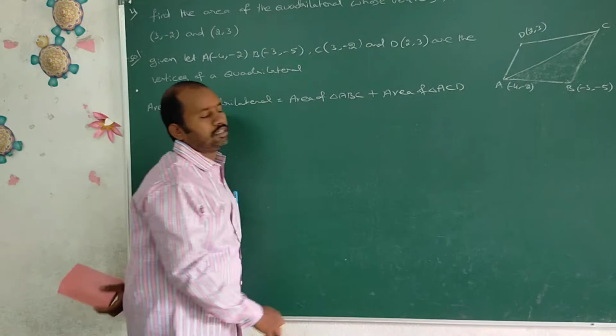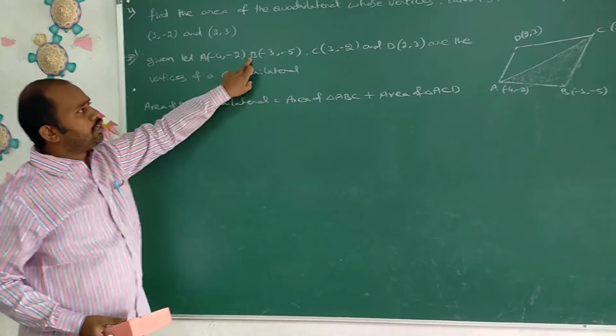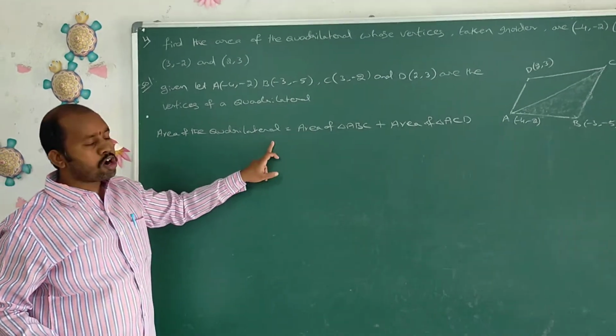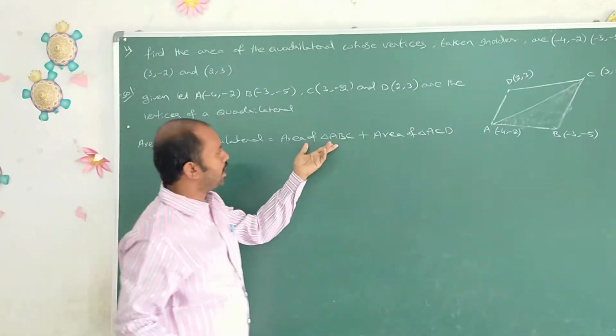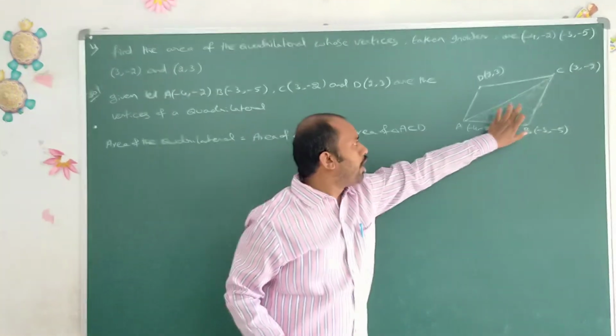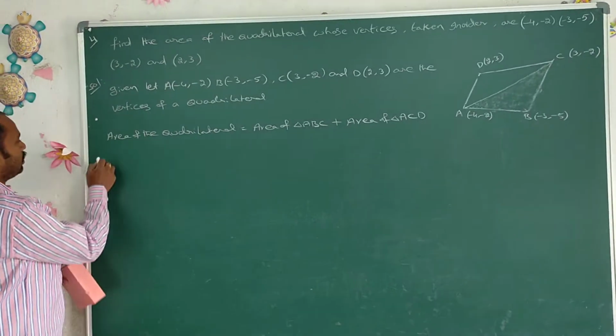This is the given vertices of a quadrilateral. Now what do we find? The area of the quadrilateral, which is area of triangle ABC plus area of triangle ACD. Okay, first you find the area of triangle ABC.